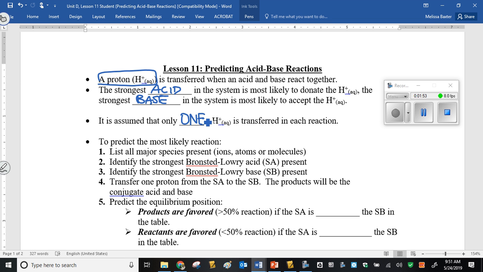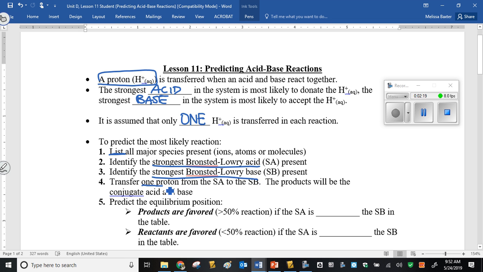Now the steps that you have to follow are listed here. First, you list everything that's there, whatever ions or atoms or molecules you have. That's the same thing we did for redox reactions. Then we identify the strongest acid and the strongest base, just like in redox we identified the strongest oxidizing agent and the strongest reducing agent.